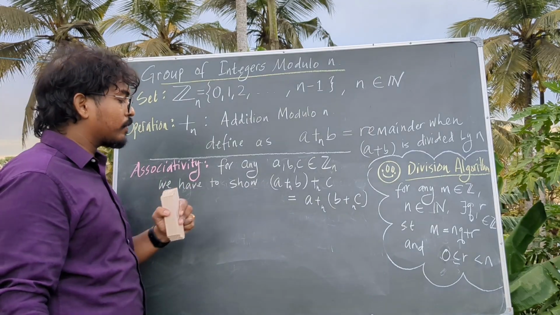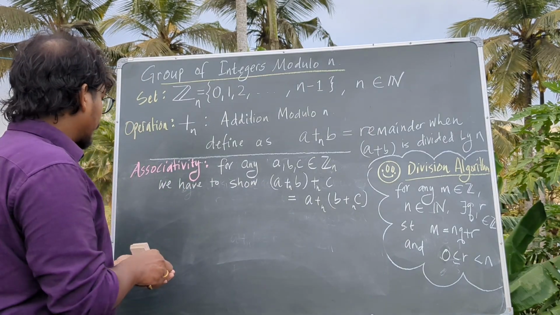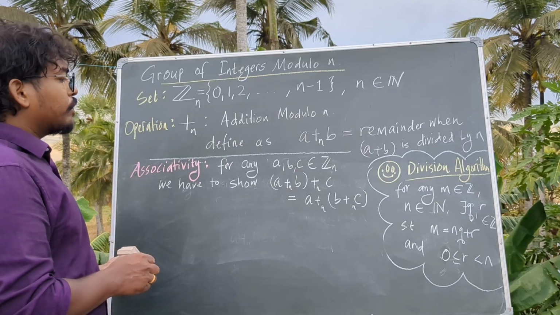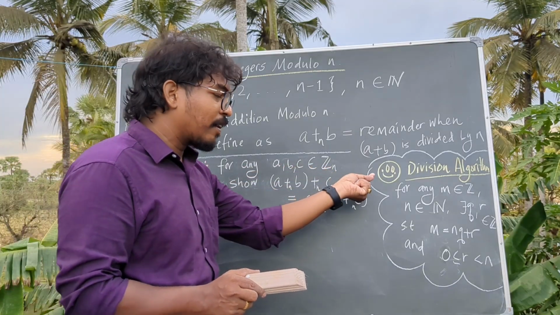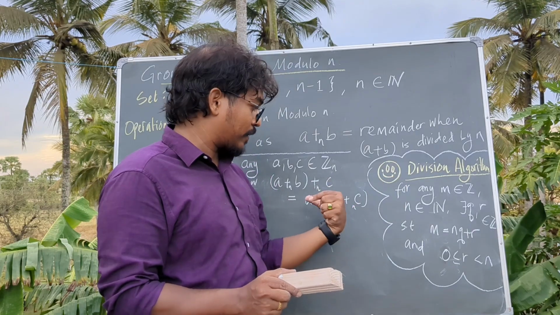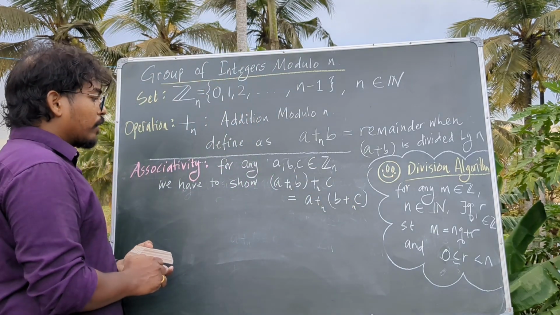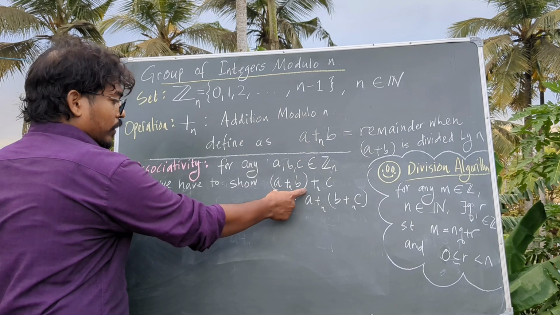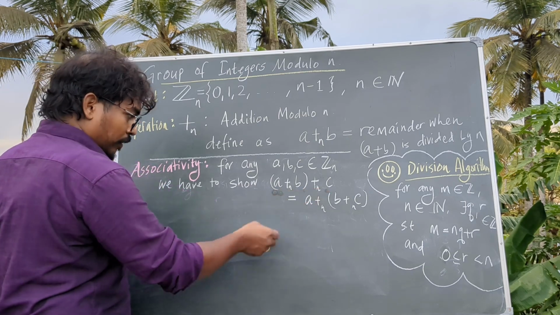We have to show this. We will use this happy little algorithm again and again in this associativity. Let us see.